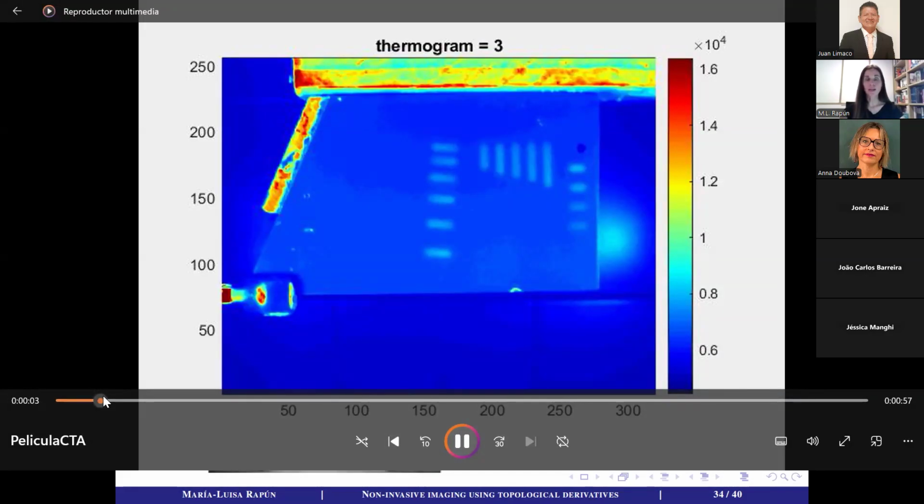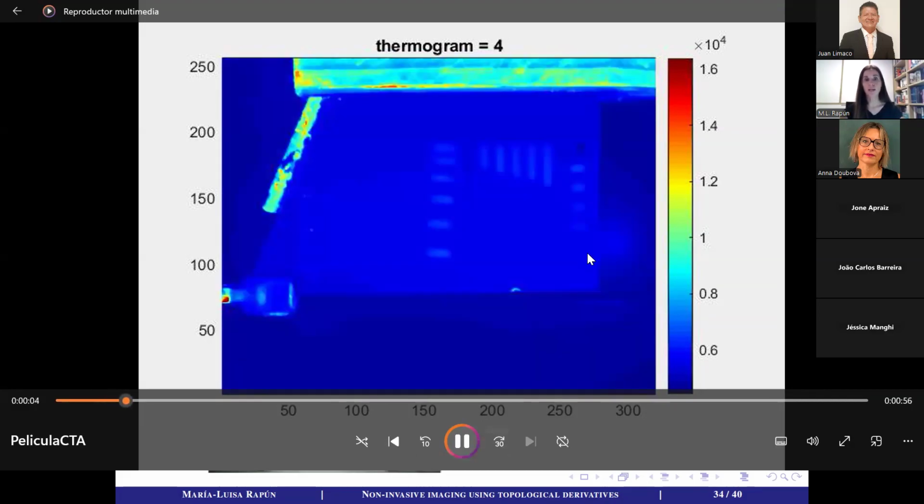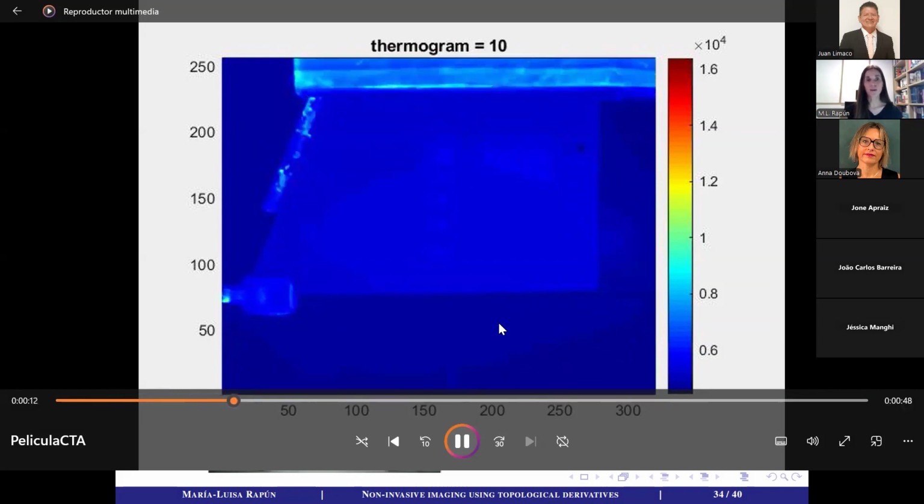You capture a sequence of thermograms, and from this information you get how these defects are located, that are big enough to be identified by these thermograms. And here is just the full sequence, and you can see that after a few times, you basically cannot see anything.